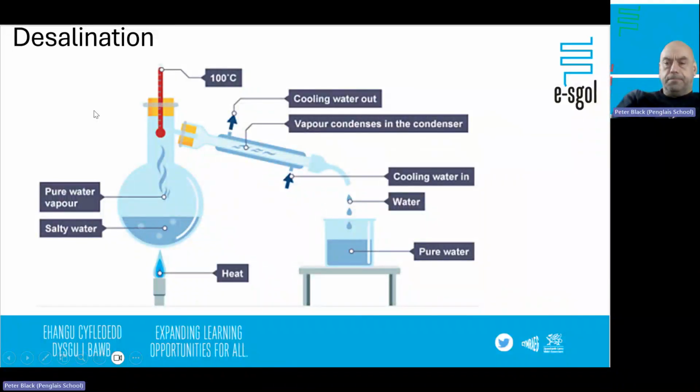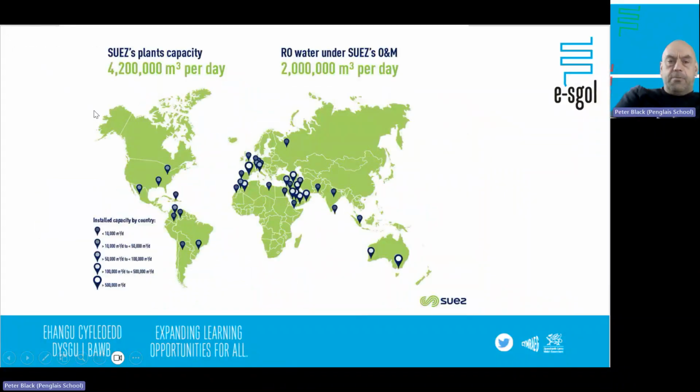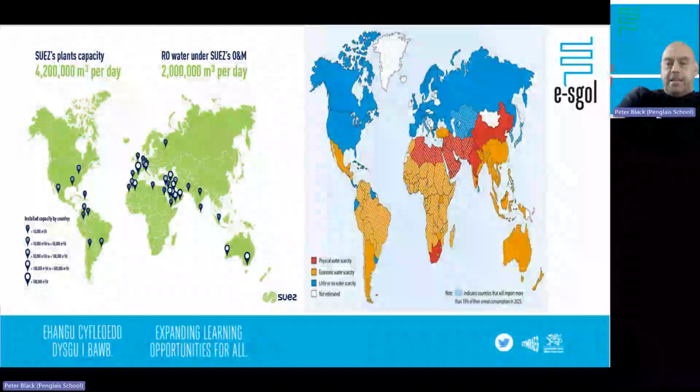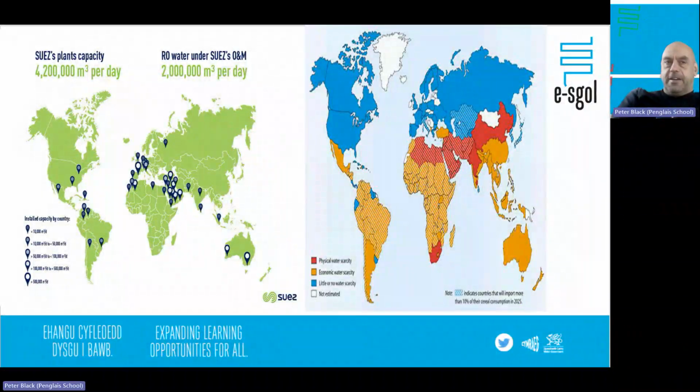So what we've got here now, I've just got a little map for you just to show where desalination plants are. You'll notice one of the areas where we don't have a massive amount of desalination is actually Africa. And the reason for that is that desalination is a very expensive process. It's a very expensive way of producing water. And so you can see on the map, we've got economic scarcity as well.